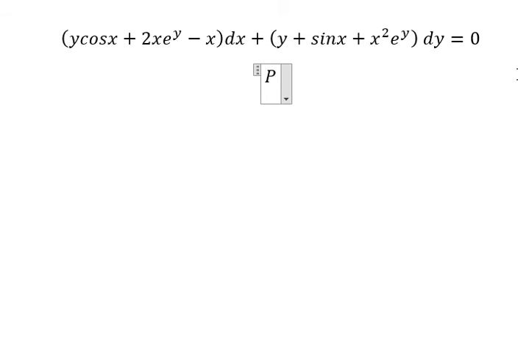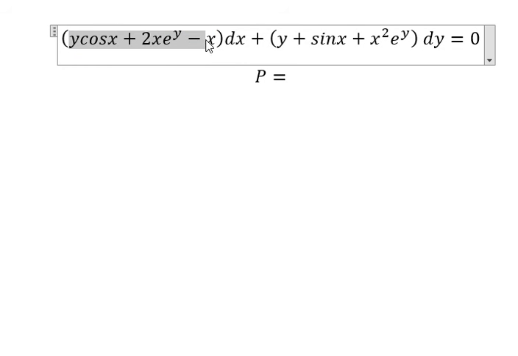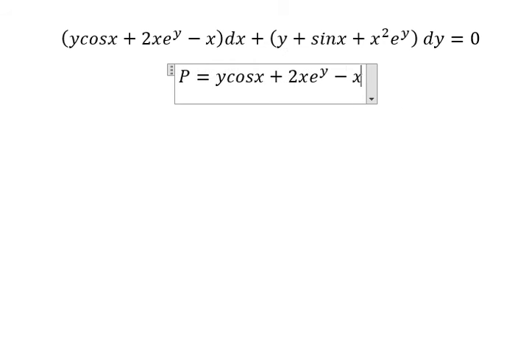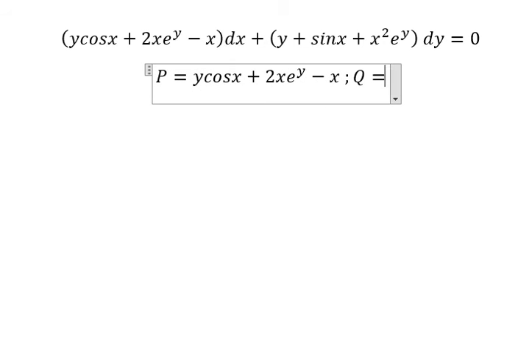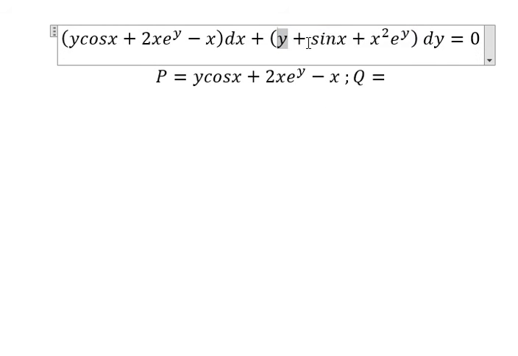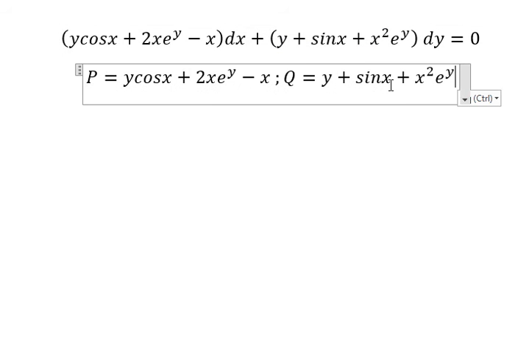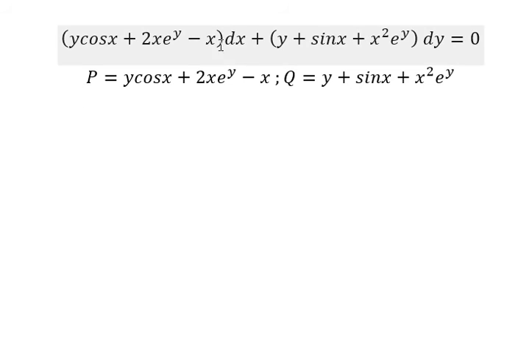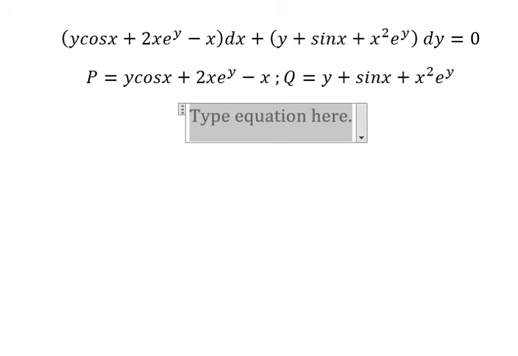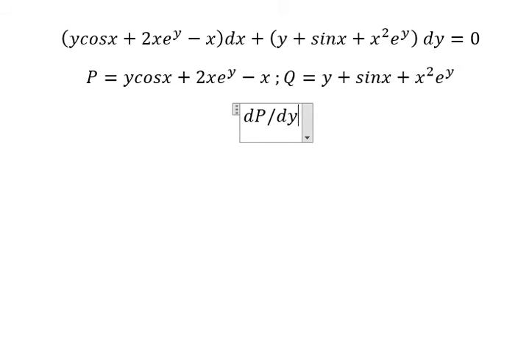I will put b equals to this one and q equals to this one. Now we have the x, so we need to do first the derivative of b with respect to y.